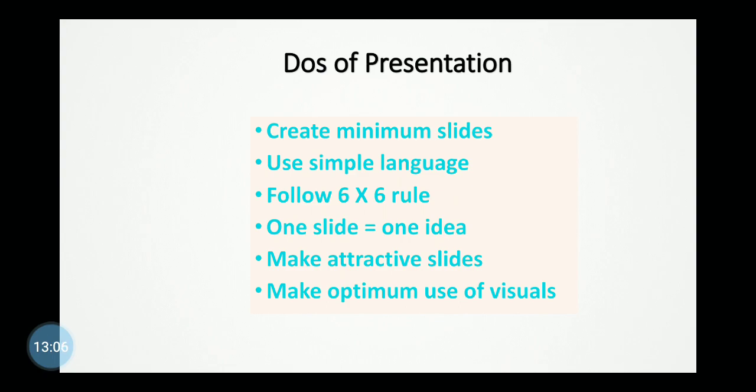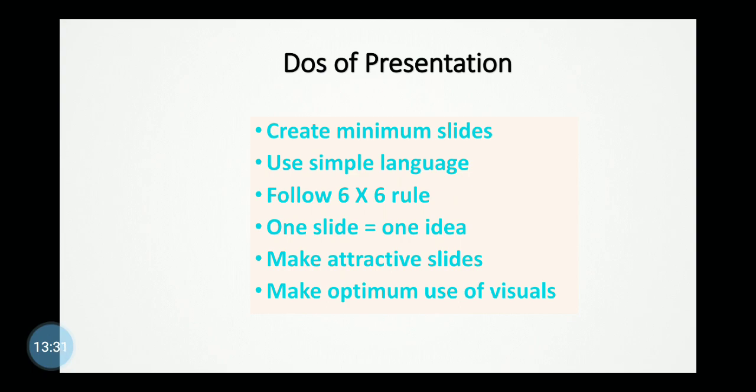Do's of presentation. When you are making a presentation, you should keep in mind these things. Number 1, create minimum slides. Your presentation should not be overcrowded with slides. Use simple language. Complex language is avoided. Follow the 6x6 rule.